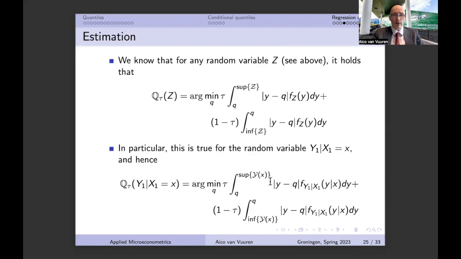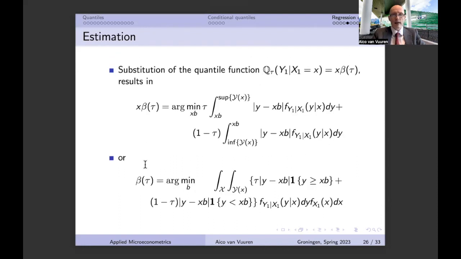Well, given the fact that we have made this assumption with respect to regression quantiles, namely that this quantile is equal to x times beta tau, you can also say that x times beta tau is going to be the argument that is going to minimize the criterion with respect to this number that we have over here. Take into account that here I still more or less assume that xb is just a number.